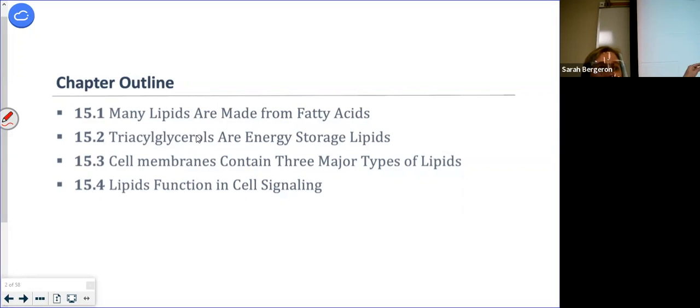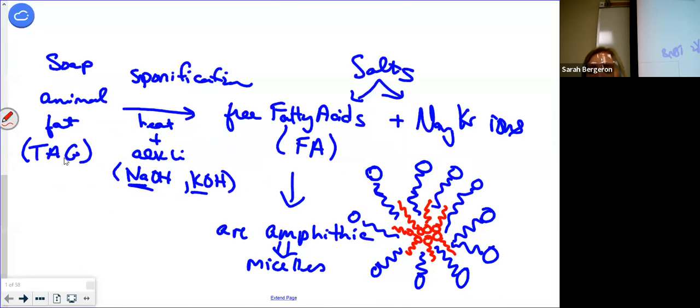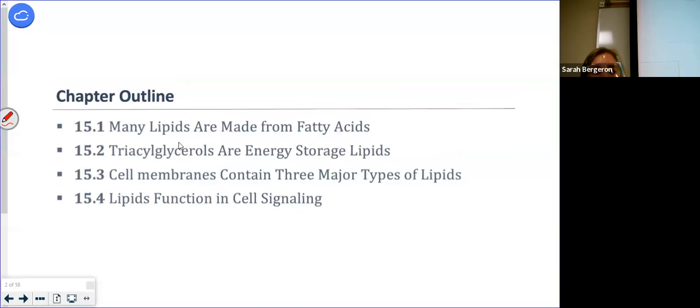That's what TAG stands for, triacylglycerol. Those are our energy storage molecules. So you can write TAG. It's triglyceride if it's one, or triglycerides if you have multiple. It's plural and singular.